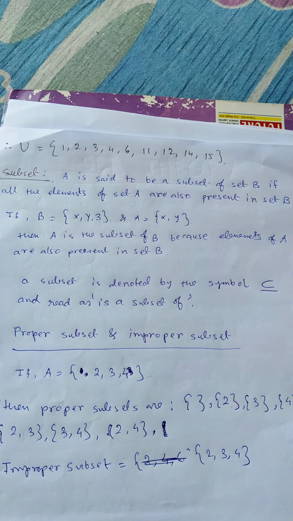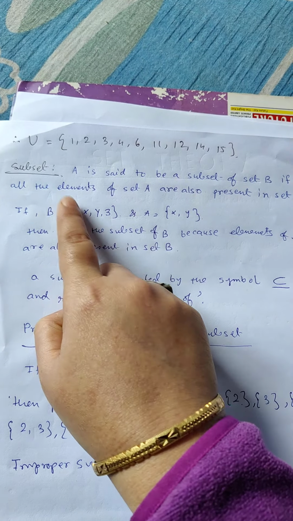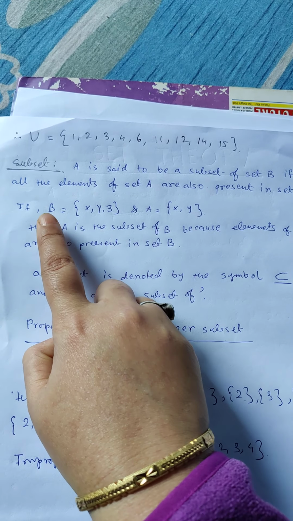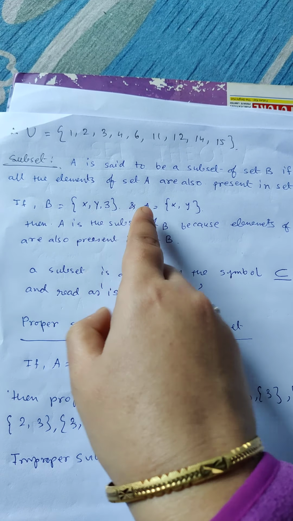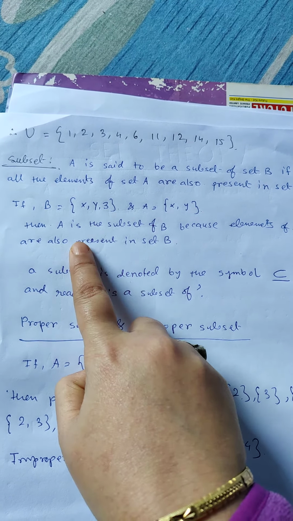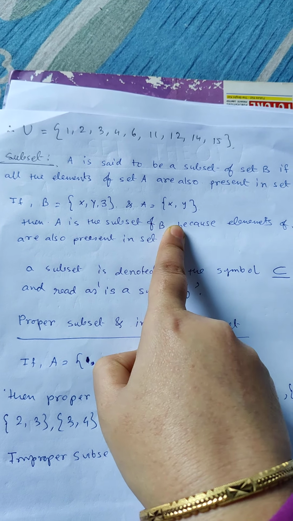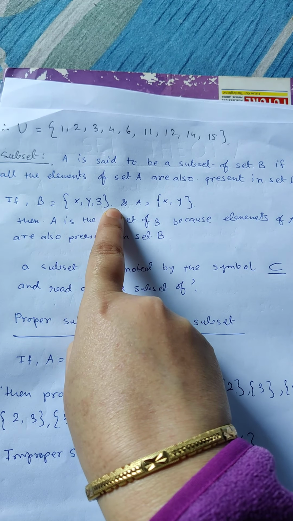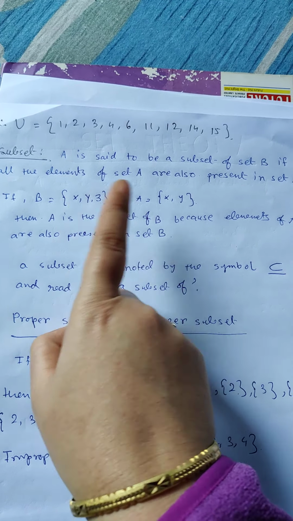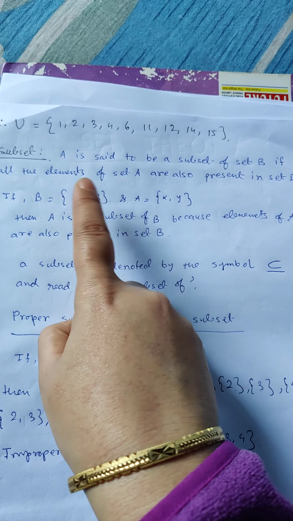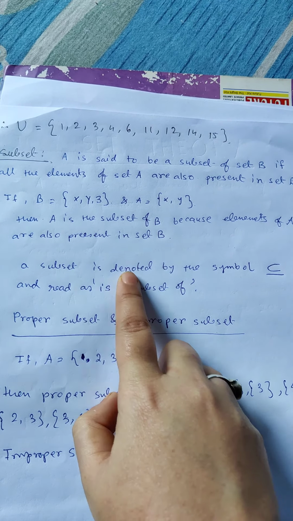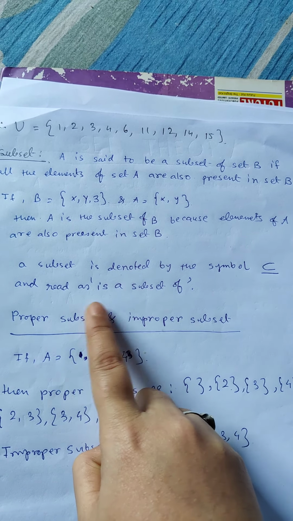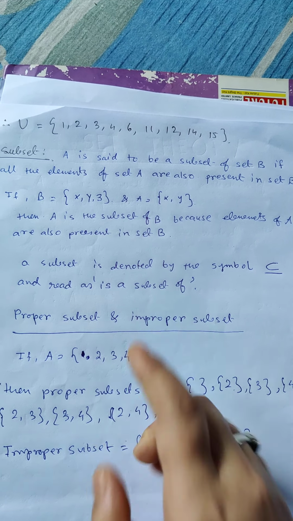A is said to be a subset of B if all the elements of set A are also present in set B. Like this: if B equal to {X, Y, Z} and A equal to {X, Y}, then we can say that A is a subset of B because all the elements of A are also present in B, and here A is also called a proper subset of B. A subset is denoted by this symbol and read as 'is a subset of'.